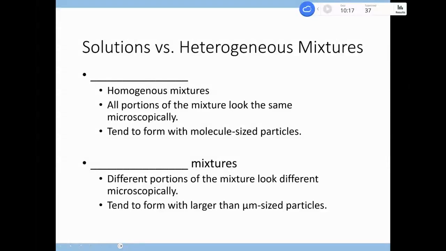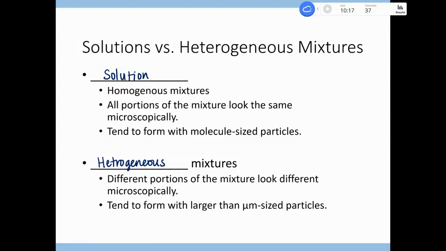And this is all language we've already used. So a solution, call that a homogeneous mixture where all portions look the same, and these tend to form with molecule-sized particles, so really small. And then heterogeneous mixtures can form when you've passed the saturation point.